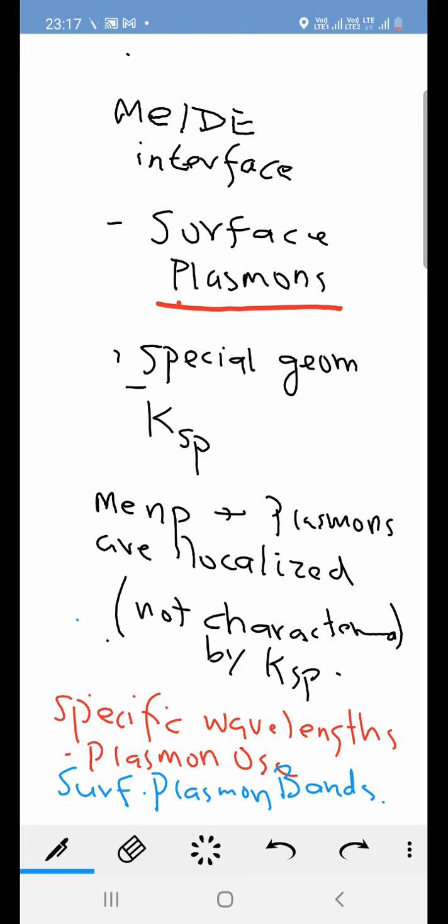Metal nanoparticles have photonic applications. They have local field enhancement.